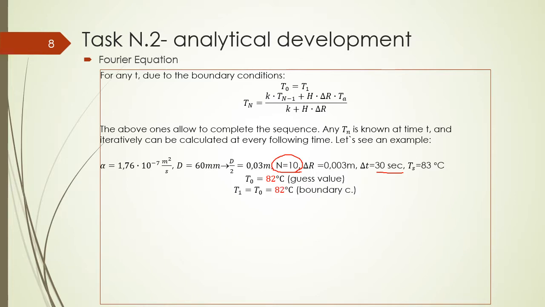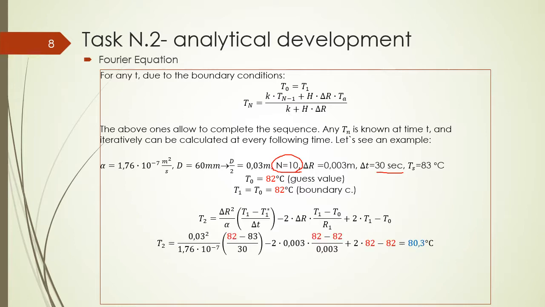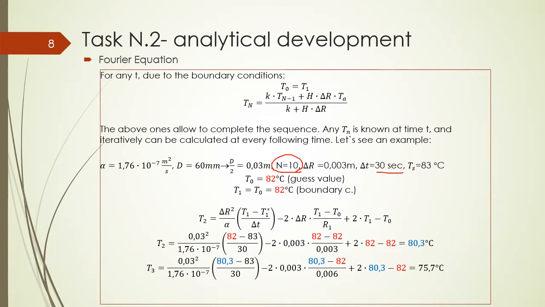The T1 for the first radius step is the same for the boundary condition, and T2 is given by this iterative formula. We replace the values, we get this expression with the numbers, where T1 is the guess value, and T1 star is the initial temperature, 83, and finally we get 80.3 degrees.